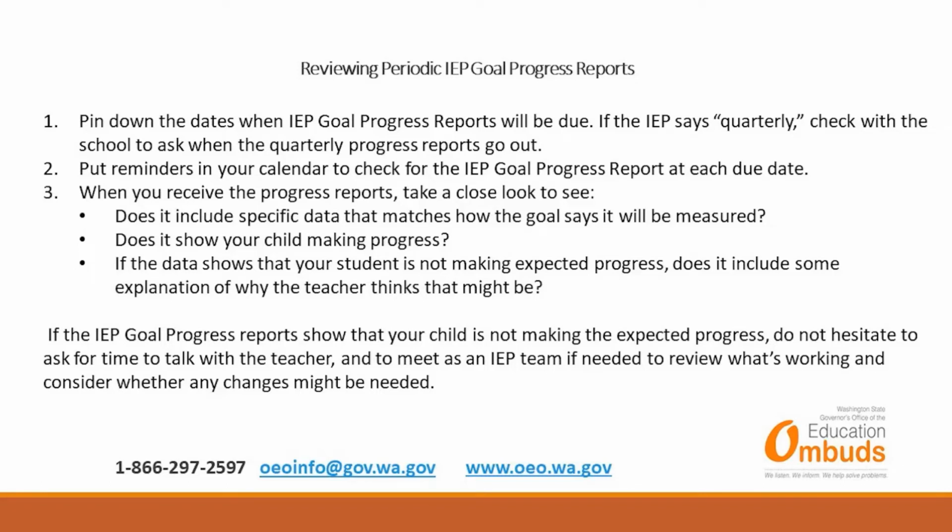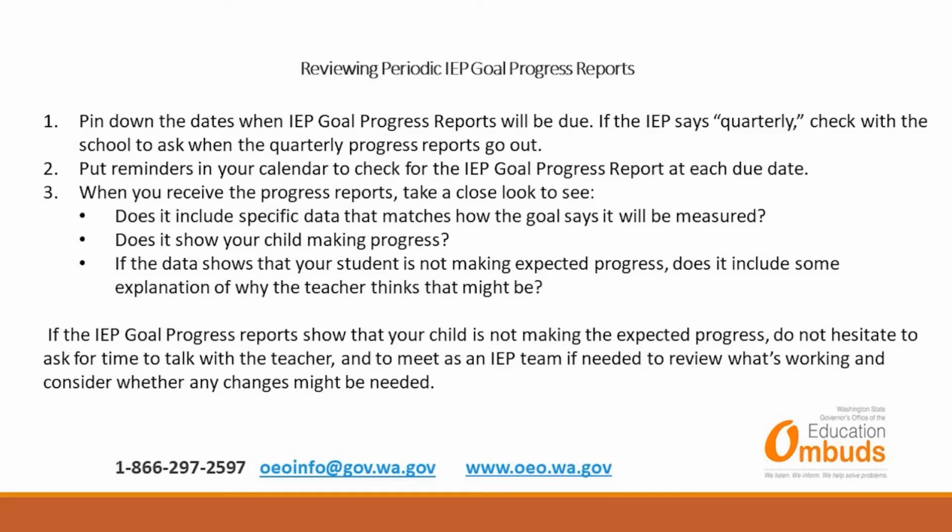When you get the progress report, what are you looking for? You're looking to see if it includes specific data showing progress that matches how the goal says data is going to be collected. So if it's looking at going from 2 out of 10 to 5 out of 10 times, then the goal progress information should tell you if they're still at 2 out of 10, if they've bumped up to 3 or 4 out of 10.